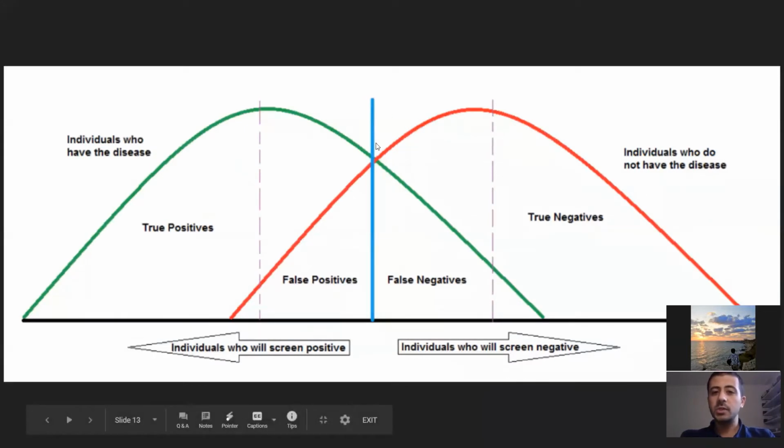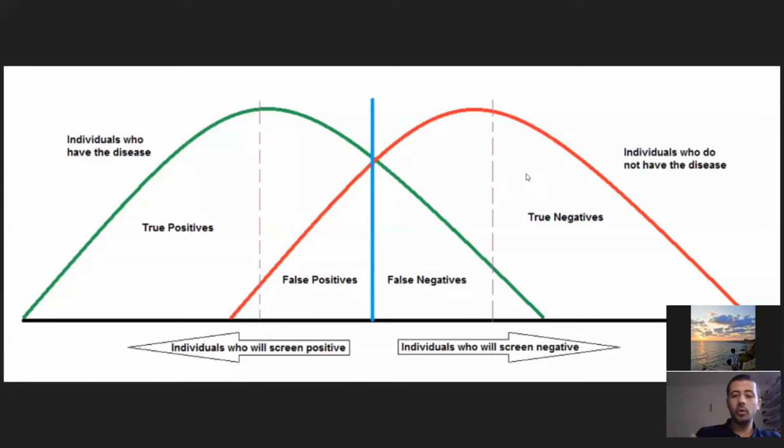Okay, if you see here, the last time when we talked about the null hypothesis and how to deal with the data there, we used that line. And you remember, we do not know that point in order to put the line here in the middle. What we do is actually putting the line here if we want to rule in or to get everybody who is truly positive, or to take the line here if we want everybody who is truly negative.